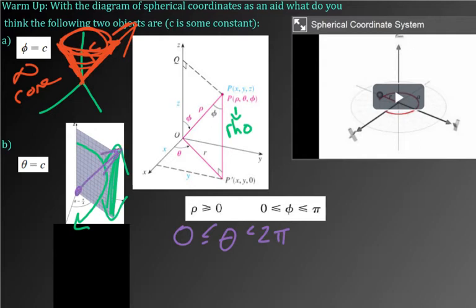If you mix those together, you get an infinite half plane. This goes on forever, up and down. It doesn't really end right there. It keeps going down, it's just hard to draw. And it goes out forever too, because of the rho part. So those are two weird examples: phi equals c, cone, and theta equals c, half plane.